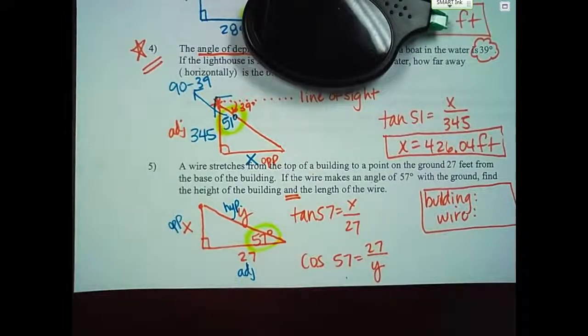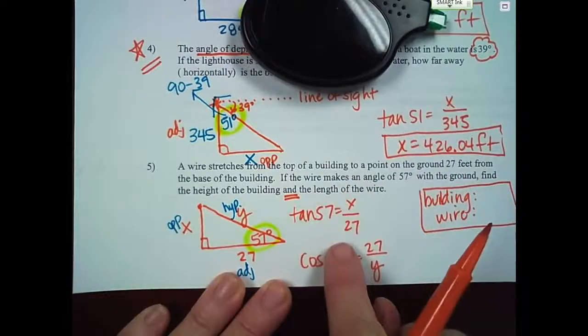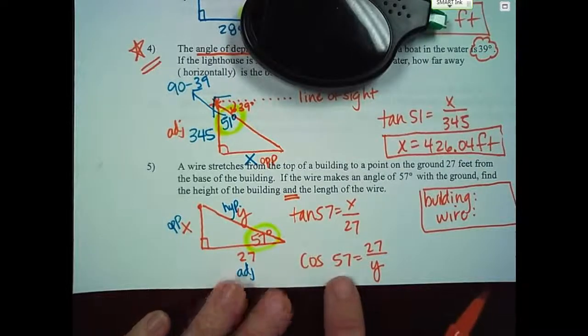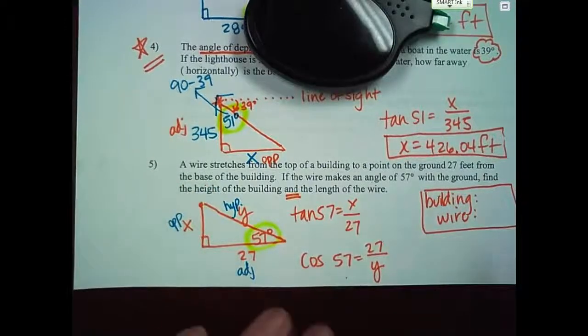Hey, you do have to understand that this would work, because sometimes they only give me the adjacent and the hypotenuse. You'd have to understand it would take the cosine of it. As long as you get that, fine.